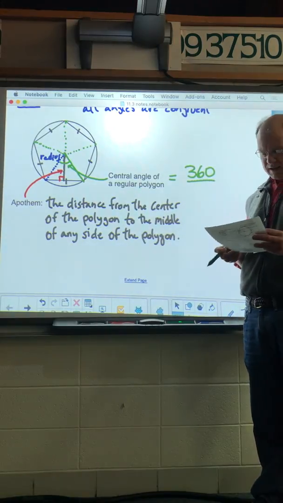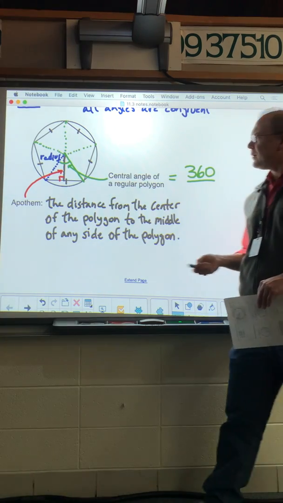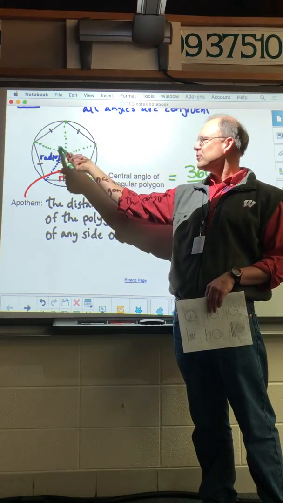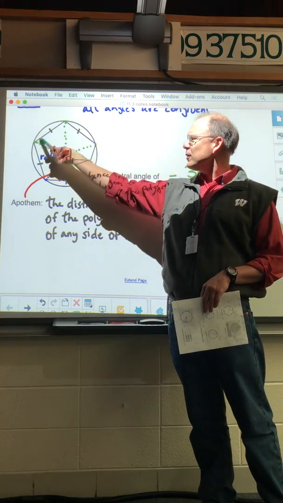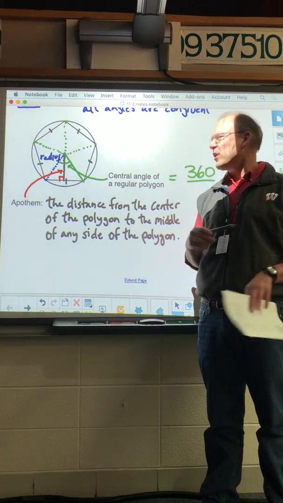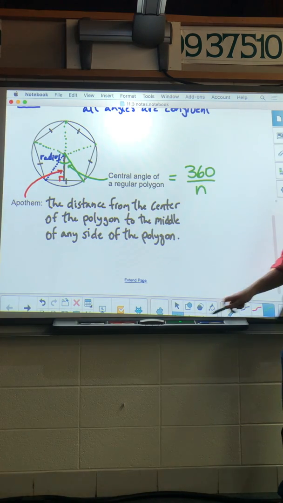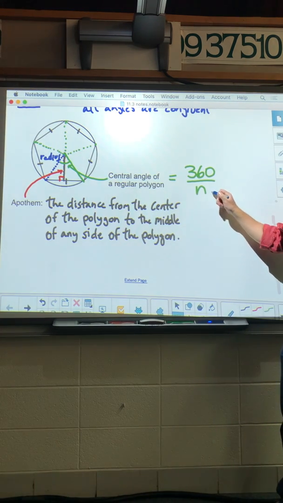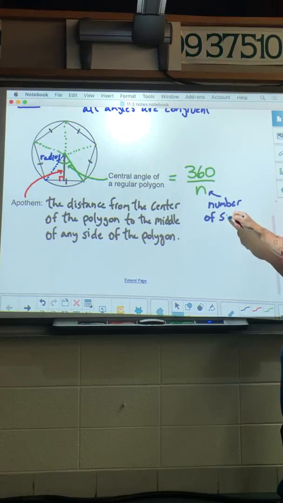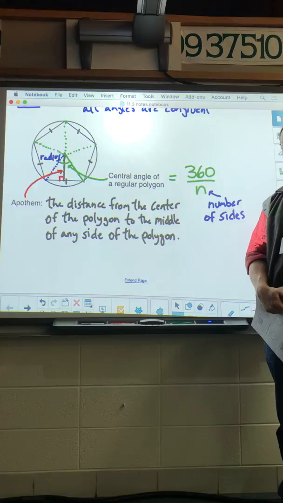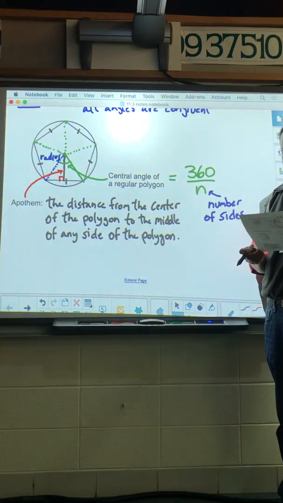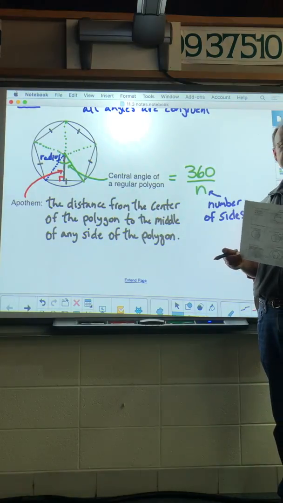Then we would divide by, we said there are 5. So however many sides there are, that's going to be the number of central angles. So we're going to do 360 divided by n. N is the number of sides. Any questions on that?